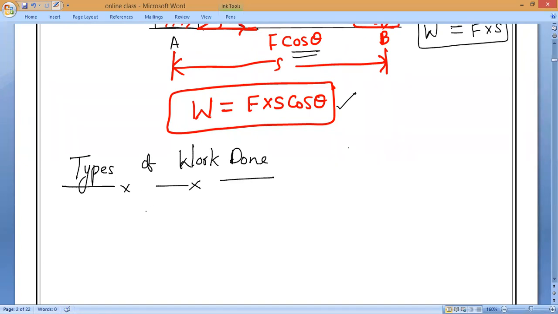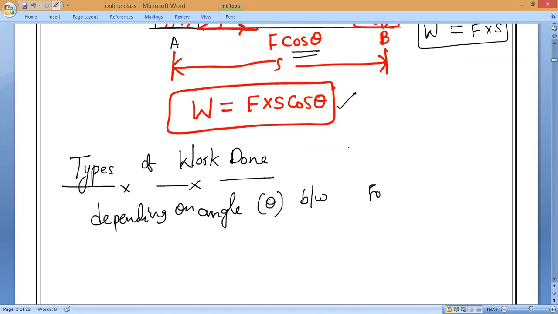So let me take first. Remember, it depends upon the angle. Angle means what? Anyone? The angle at which the force is applied, that is theta. It depends on the angle between force and displacement.